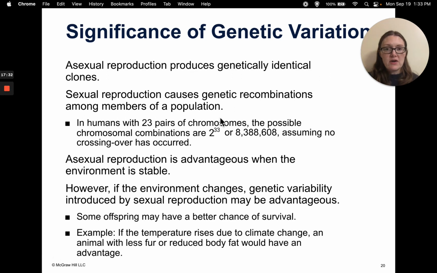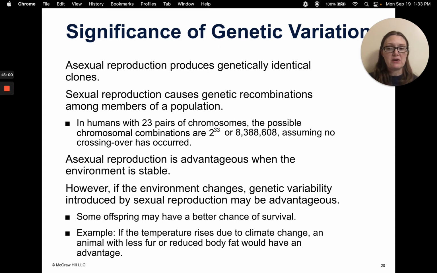So genetic variation is very, very random and very important, as we've mentioned. And this allows for better survival of a species as a whole. Now, that is the advantage of sexual reproduction, looking at the survival of the species on a grander scale. It's not so much the individual survival, it's the species as a whole survival that sexual reproduction allows for them to experience.